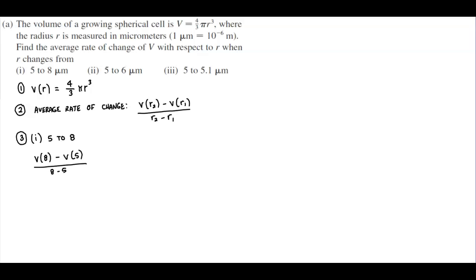So that becomes 4/3 pi, or let's rewrite that. So we have 4/3 times pi times 8 cubed minus 4/3 times pi times 5 cubed over 8 minus 5, which is 3.